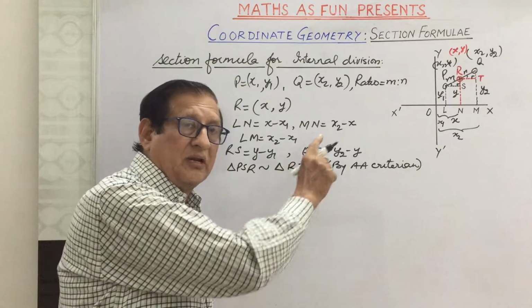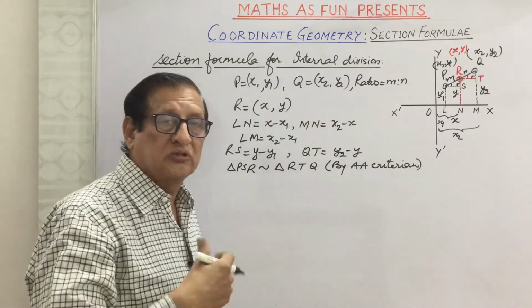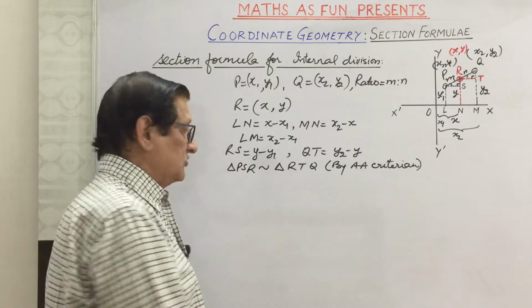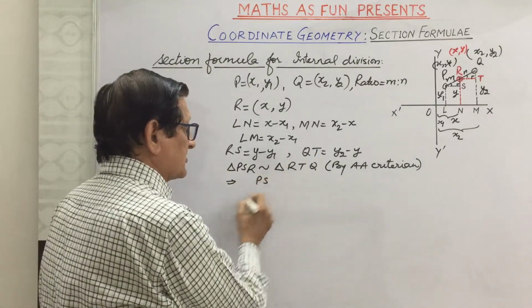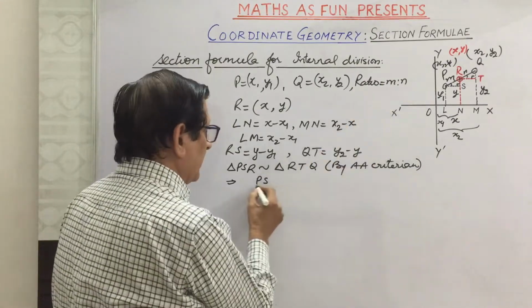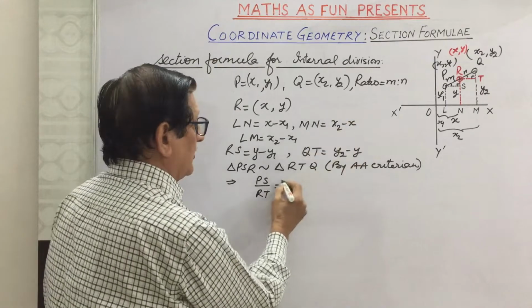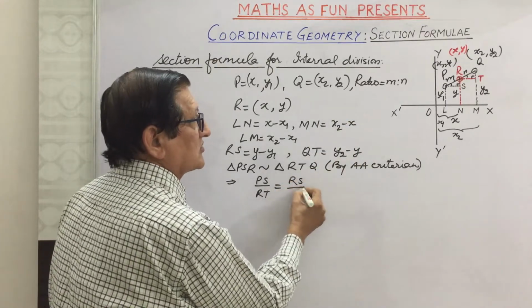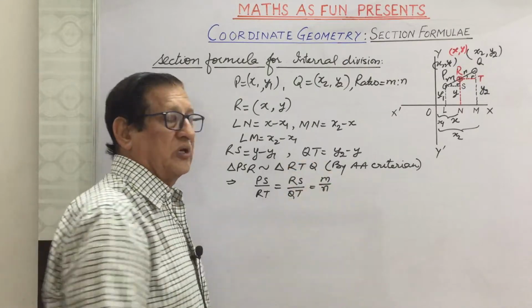And if they are similar, then the corresponding sides of them will be proportional to each other. So can we say then that PS upon RT is equal to RS upon QT is equal to m upon n?